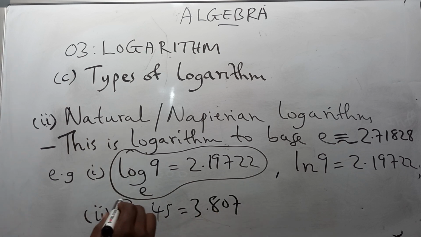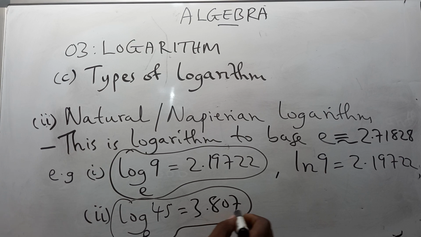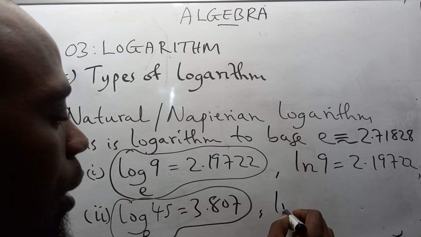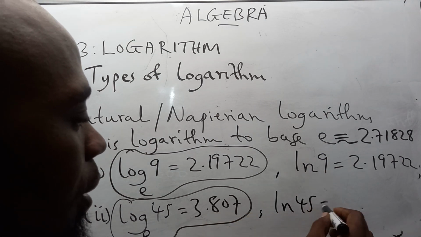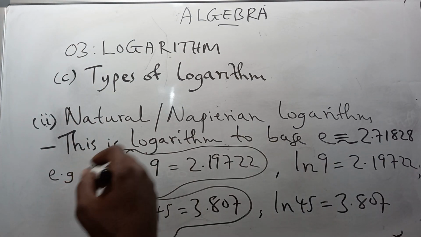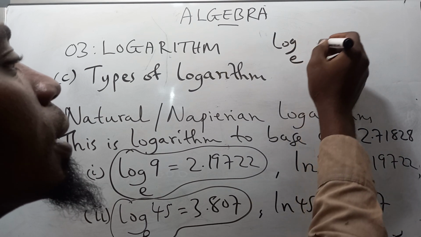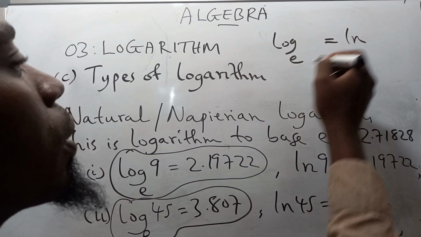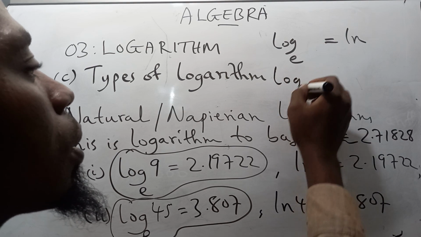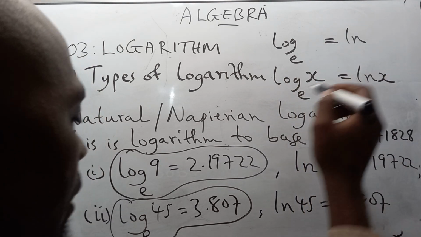You can write this as ln of 45 is equal to 3.807. So log to base e is equal to ln. Log of x to base e is equal to ln of x.